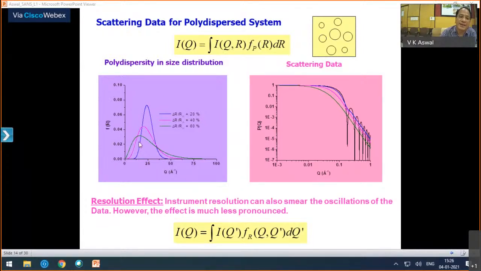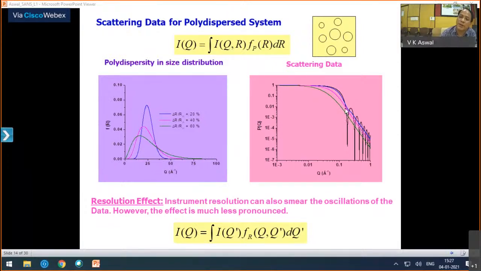In that case, these form factor oscillations are very difficult to see, because for different sizes they come at different Q values; the oscillations depend on the size of the particle. So they will be smeared out in a polydispersed system, and it is very difficult to see these oscillations.